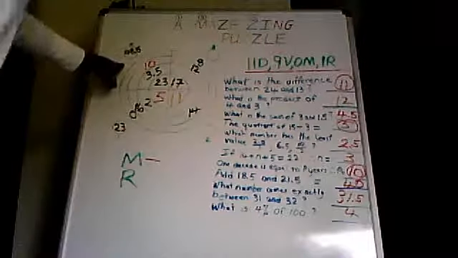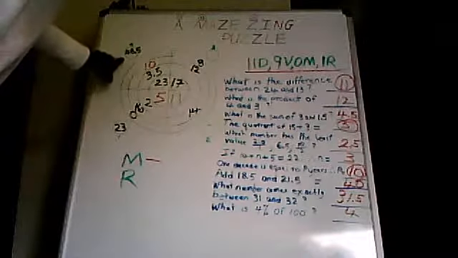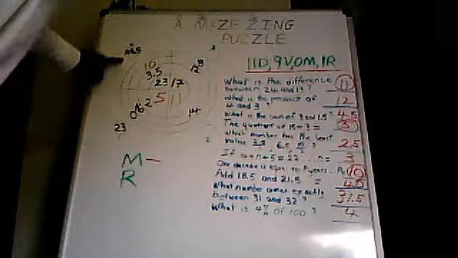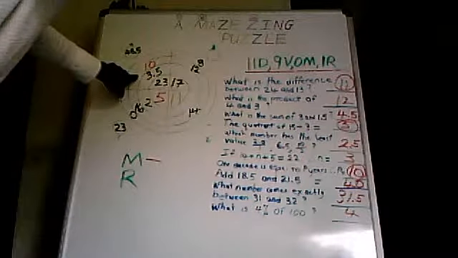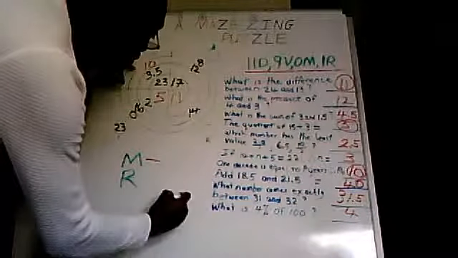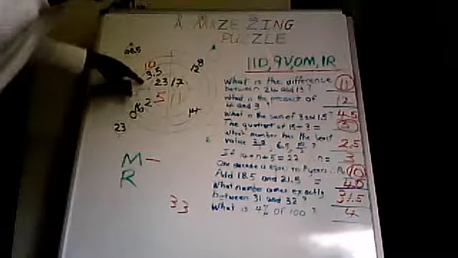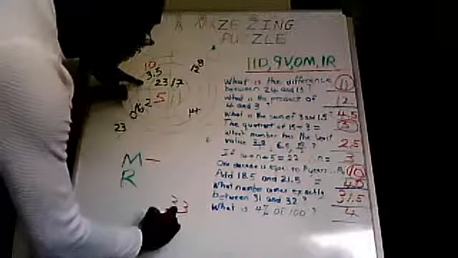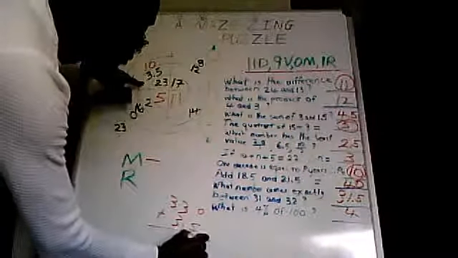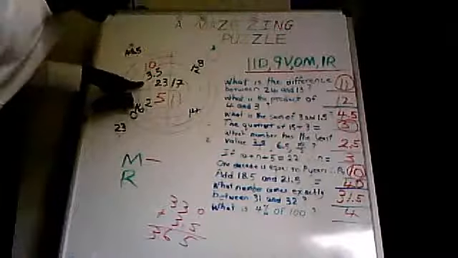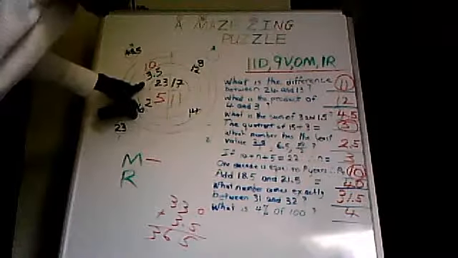Now, this fourth sector should add to 48.5. 3 terms in it, 23 plus 10, that would be 33. 33 plus 3.5, that would be 36.5.